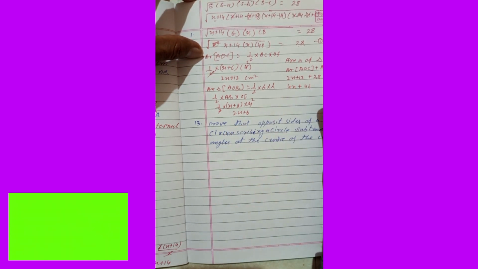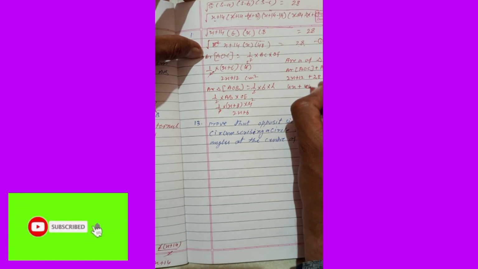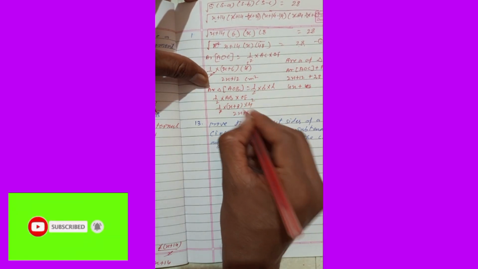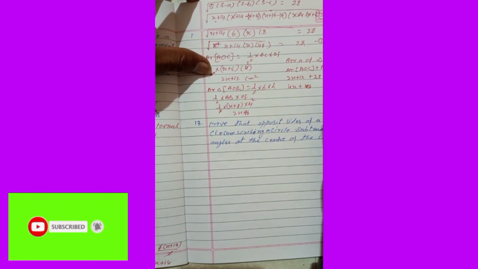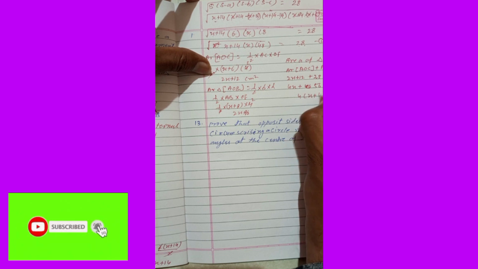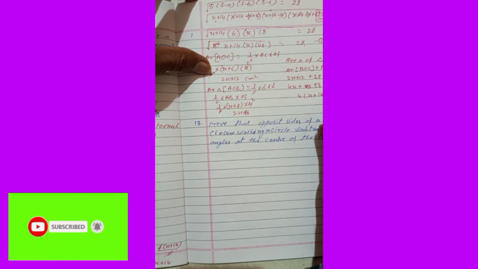Sorry, it is 16, because 2 8s are 16. So the total is 16 plus 28 plus 12, which is 56. We can take 4 common: 4 into x plus 14 centimeter square total area.